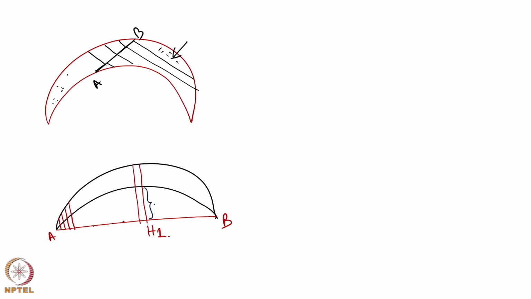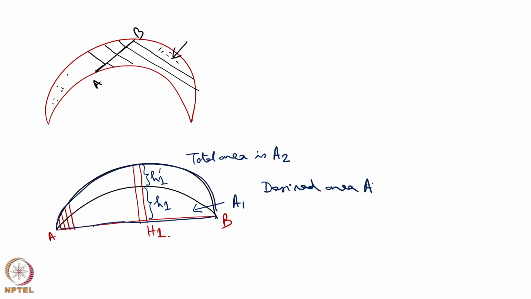Say this height is h1 and this height is h1 dash, and consider this bound region's area is A1 and the total area is A2. A2 is this total area. Then the desired area A3 is equal to A2 minus A1.